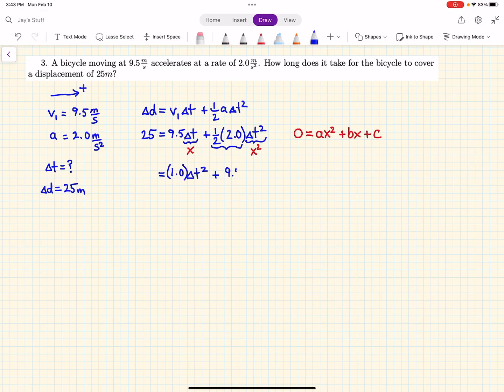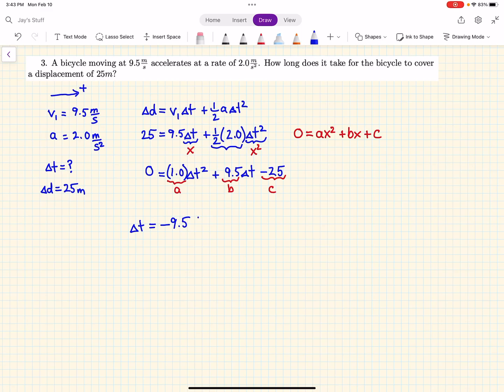Next we put the delta t, and then we need to get rid of that 25 on the left side by subtracting 25 from both the left and right, which gives us this. So now this is our A, this is our B, this is our C, and we can just use the quadratic formula.